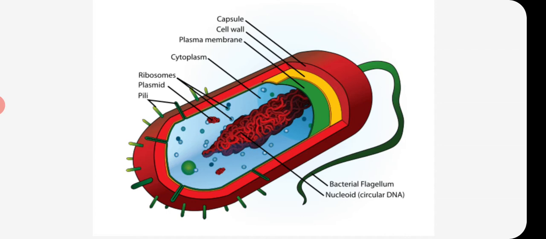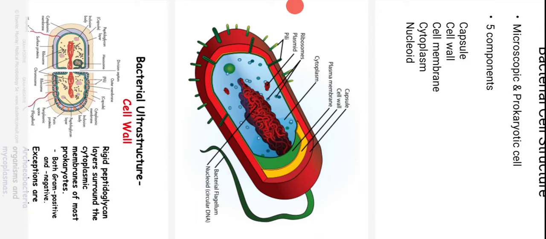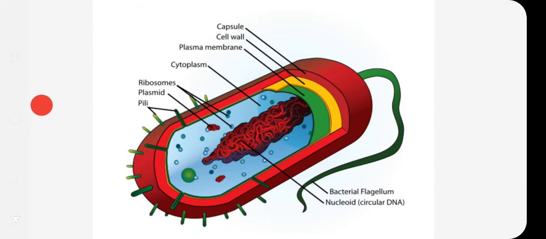The second function of the capsule is that it can prevent bacteriophage from attaching. Bacteriophage is a bacteria-attacking virus, so the capsule can protect against the attachment of bacteriophage to the bacterial cell.